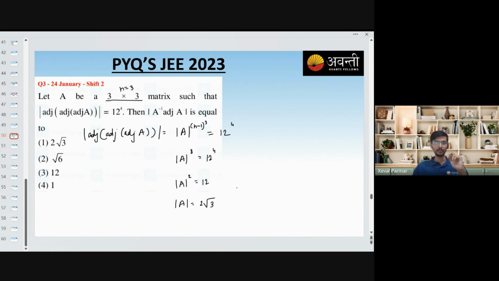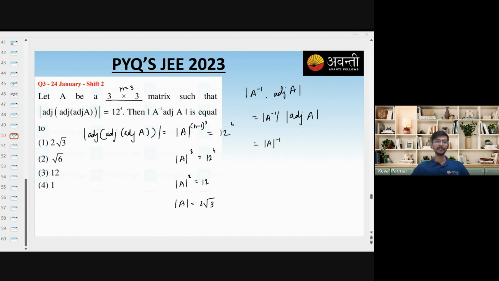So now we want to find this determinant. So determinant of A inverse into adjoint of A will be equal to determinant of A inverse into determinant of adjoint of A. This is basically determinant of A the whole raised to the power minus 1. And what is determinant of adjoint of A?